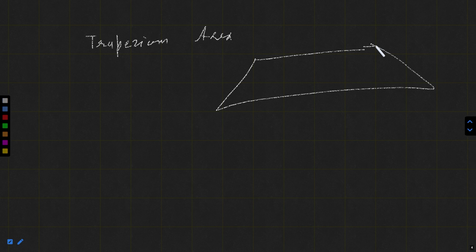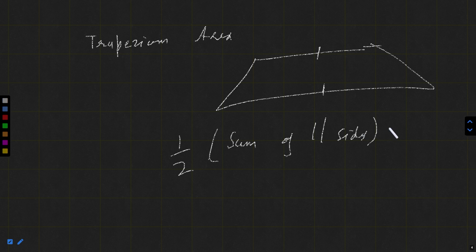You have two parallel sides, this and this one. So the area will be half of the sum of parallel sides multiplied by the height.